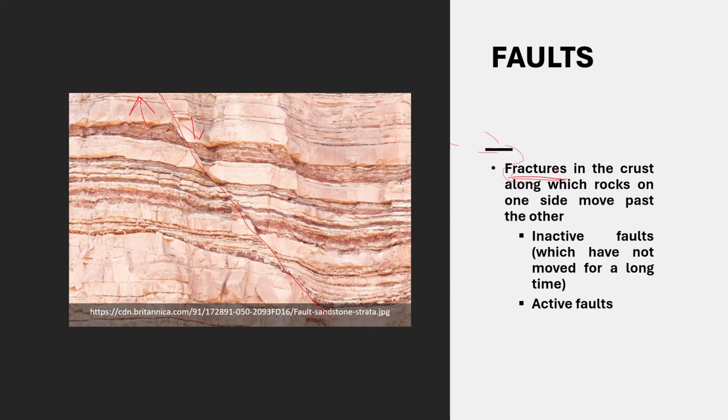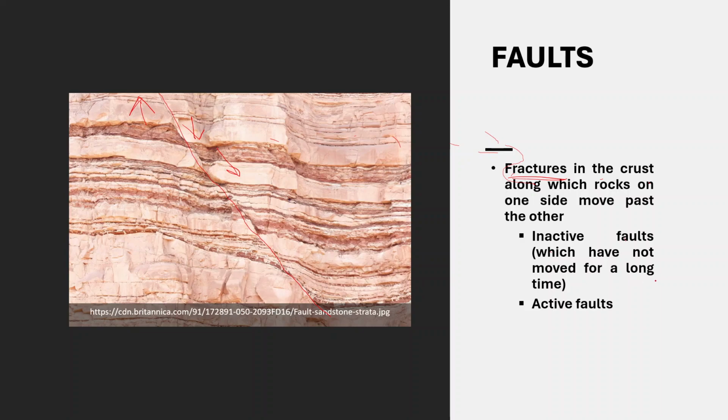So along this line that I have drawn over here, this part is going down and this part is going up. This is essentially called the fault or fault line.